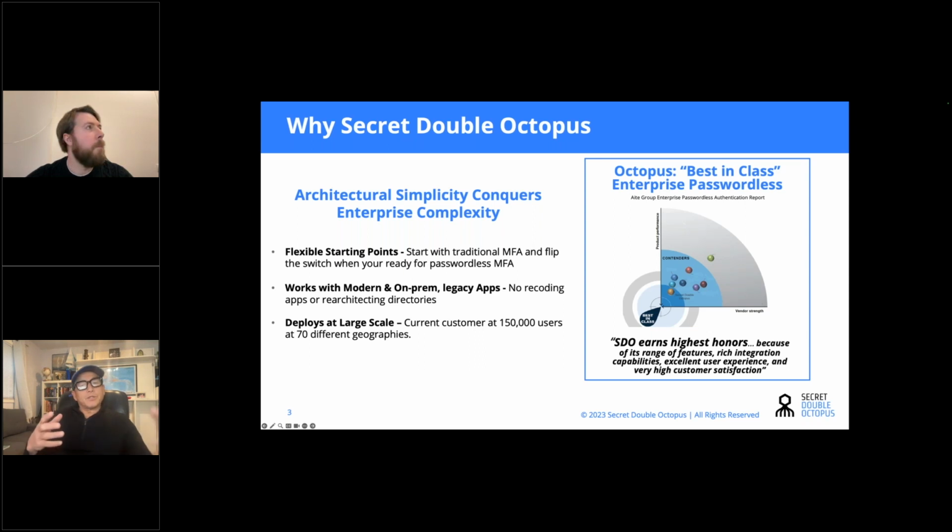During this presentation, we'll go through these problems and give you the linkage to see how you too can get to a really strong posture of phishing resistance and passwordless MFA for your industrial critical infrastructure.